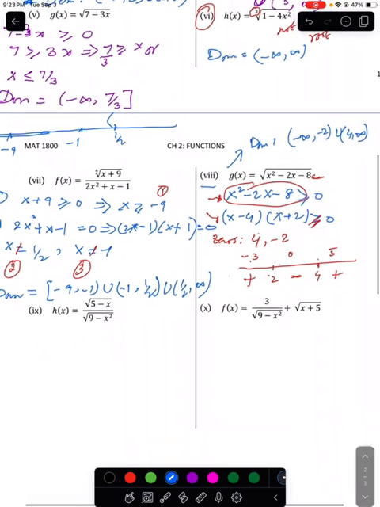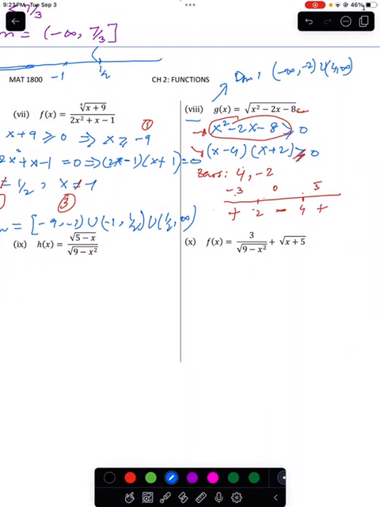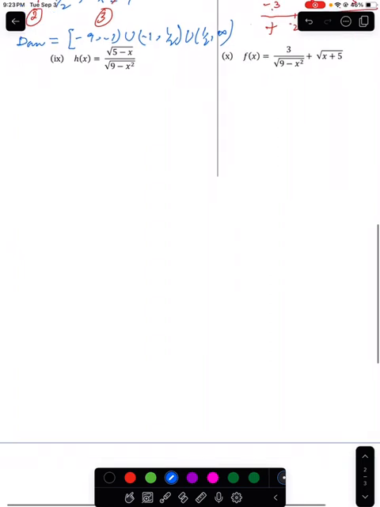Okay, now looking at the next example. Again, this is a combination of functions. There is a numerator and a denominator, and both are radical functions, square root functions. So for the square root in the numerator, we will take the quantity and say that this has to be greater than or equal to 0.